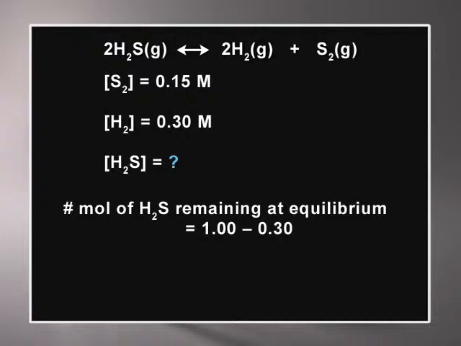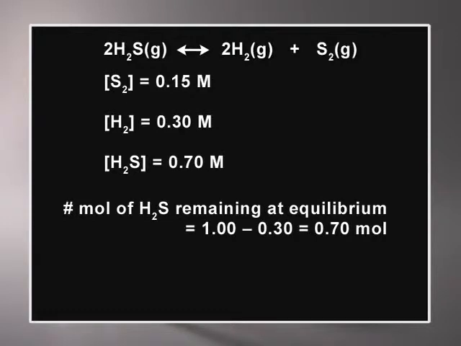So I guess when I get to equilibrium, I'm going to have 0.7 of a mole remaining. The equilibrium concentration of H2S will be 0.7 molar. And according to our rules for writing equilibrium constant expressions, that concentration must be squared.